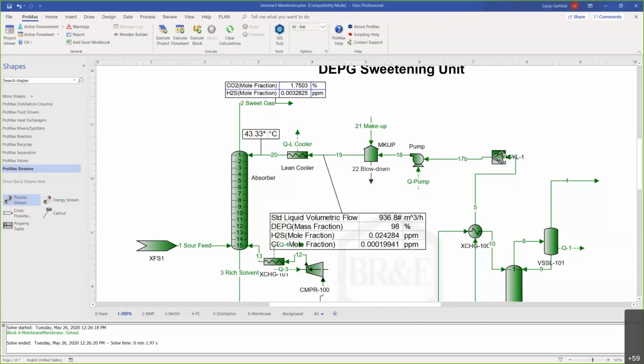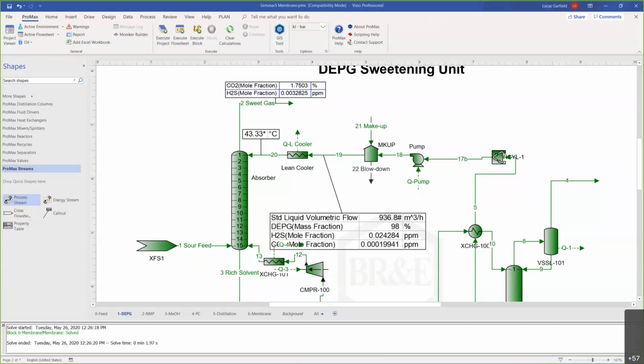So when I say more efficient, I mean perhaps smaller columns and a lower reboiler duty. You can oftentimes, perhaps typically we can say, have a better design process if you use MDEA with just the right amount of piperazine to get your CO2 absorption to where it needs to be.